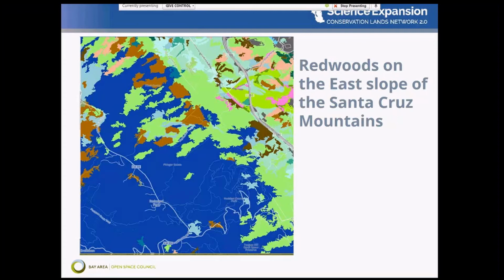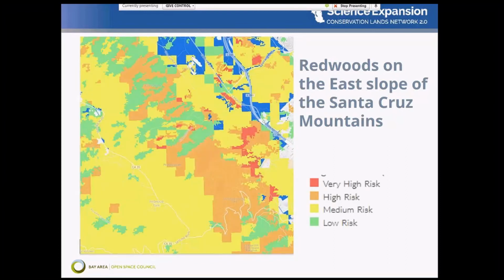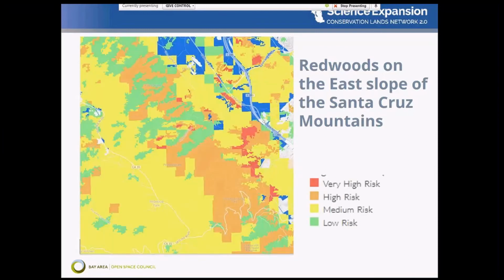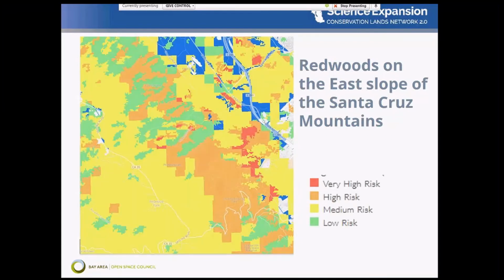And then when we look at the risk map we produced, you can see that the redwoods that are coming down the hill at the eastern fringe are higher risk than those on the west slope. So it's actually getting down to almost a stand level as a hypothesis of here's where we want to look for vegetation stress and potential for transitions sooner rather than later.